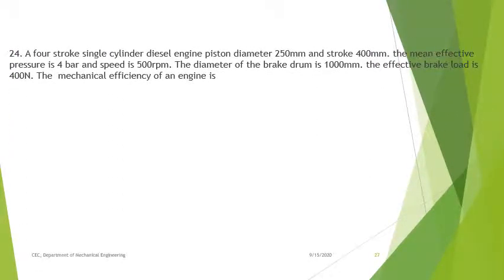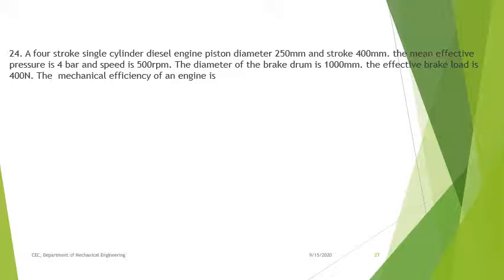A 4-stroke single cylinder diesel engine, piston diameter 200 mm and stroke 400 mm. The mean effective pressure is 4 bar and speed is 500 rpm. The diameter of the brake drum is 1000 mm. The effective brake load is 400 Newton.